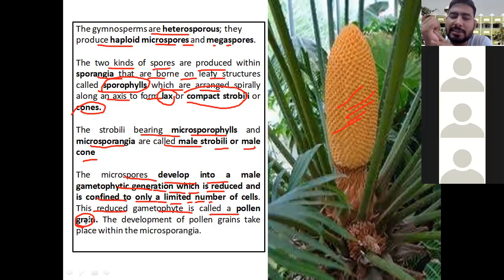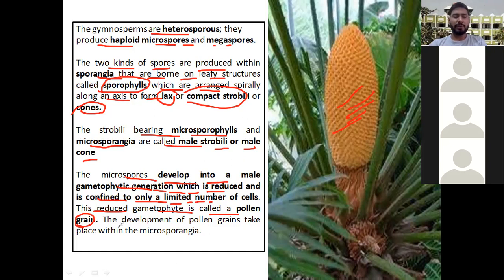The last group having archegonia is the Gymnosperm. After Gymnosperm, you will never get archegonia-like structures.